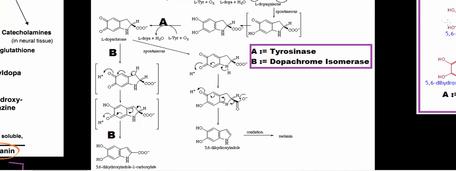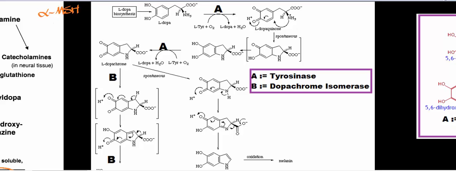Okay? And to better understand that, I want to look at this picture over here on the right. So what we're showing here is dopaquinone right here. You'll notice that dopaquinone is also converted to dopachrome by this enzyme tyrosinase, as denoted by the key. So tyrosinase both converts dopa to dopaquinone, and then it converts dopaquinone into dopachrome.